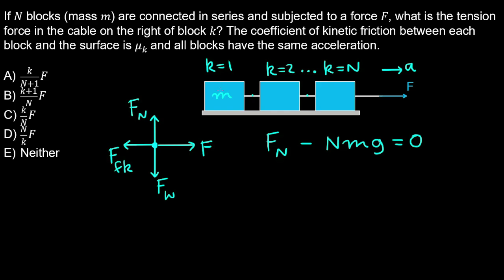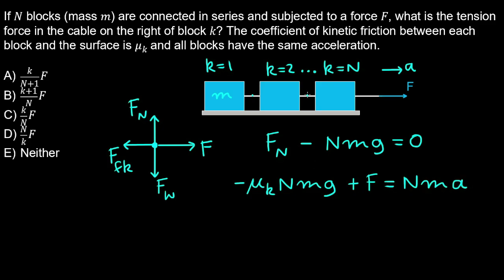And applying Newton's second law in the horizontal direction, we have the kinetic friction force is minus mu k by the normal force, which is nmg, plus the force F is equal to the total mass of the system by the acceleration.